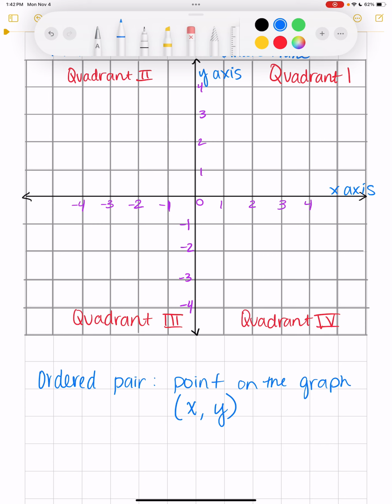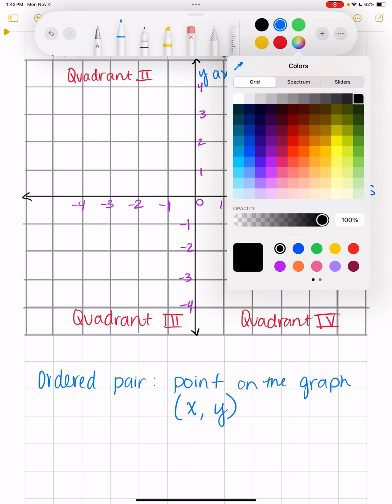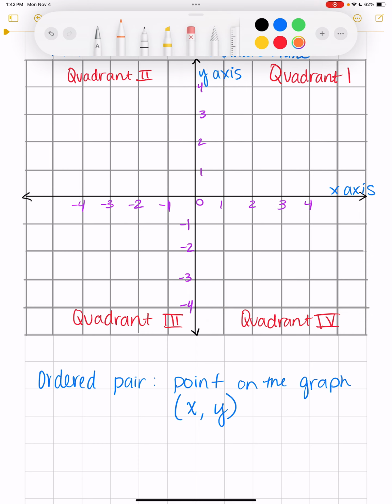So the easiest point is this middle point right here. It's the origin, which is called 0, 0. So I'm going to write that down here. The point 0, 0 is at the origin.